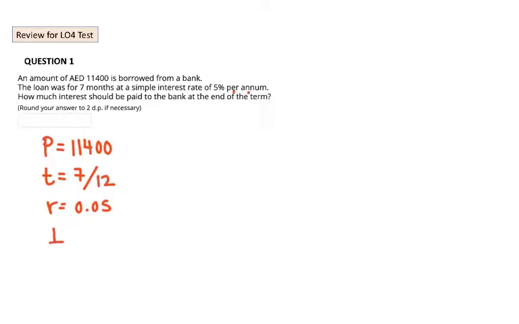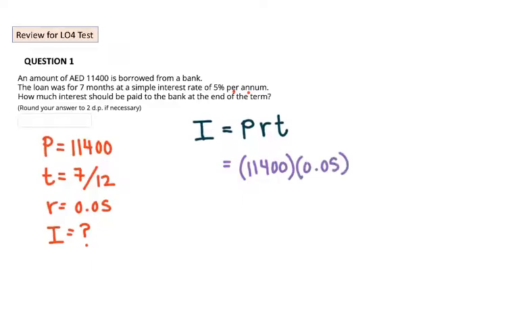How much interest should be paid to the bank at the end of this term? Well, I see no mention of the word compound, so I will use my basic simple interest equation, I equals PRT, and then I will plug and chug 11,400 times 5% per year, and 7/12. 7 months is 7/12 of a year, so we get that the interest paid will be, now my calculator says 332.5, but since we're dealing with money, we always write 2 decimal places, so 332.50 dirhams.